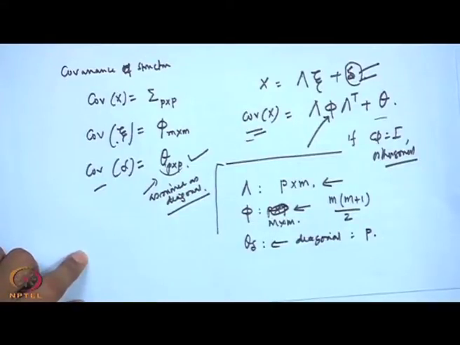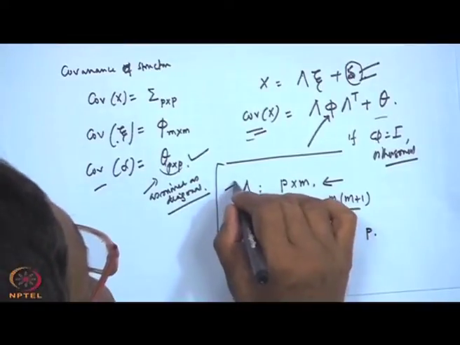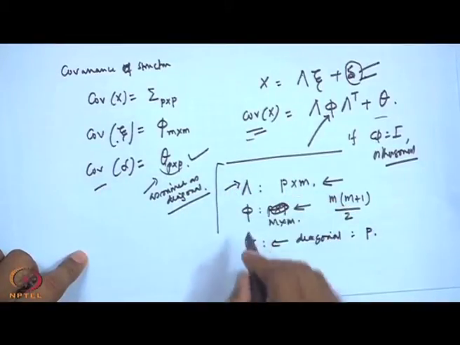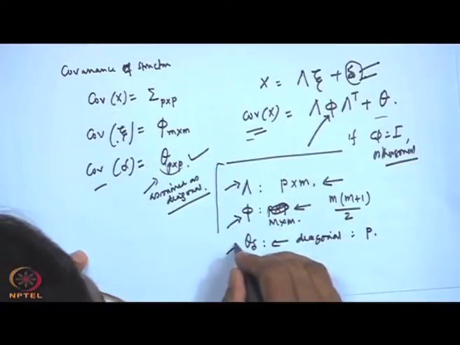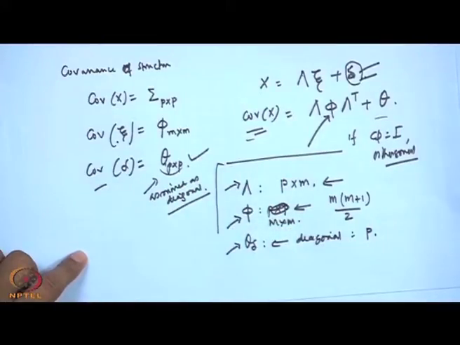So, we need to estimate capital lambda, phi, and theta delta.